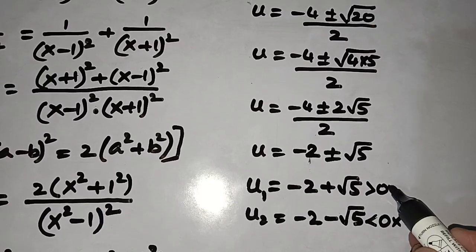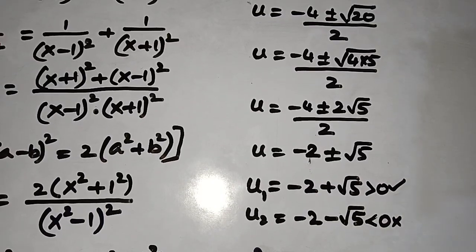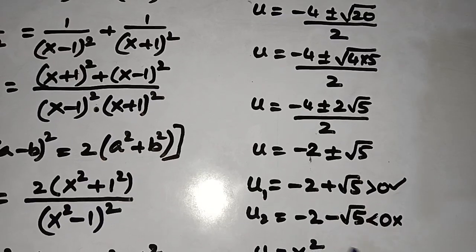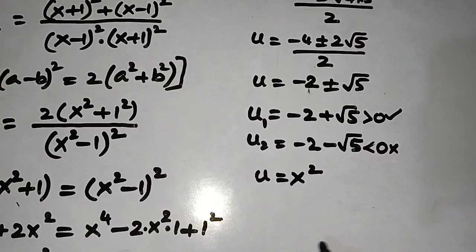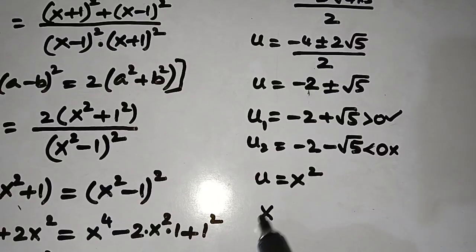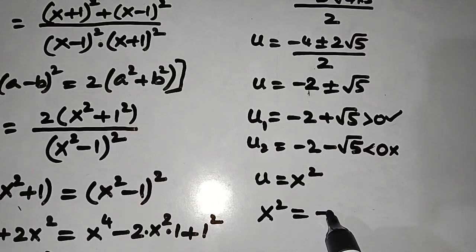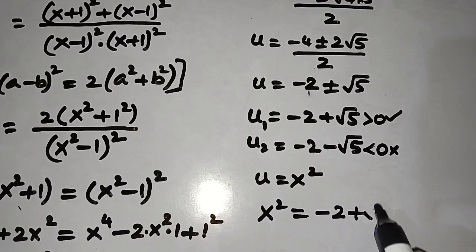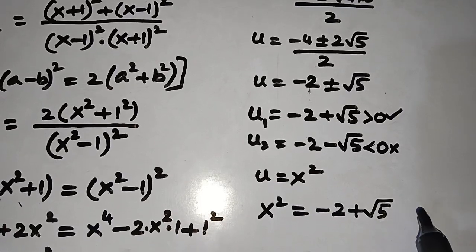So by taking only this value and substituting it, u is x square. When u is x square, then we have x square is equal to minus 2 plus root 5.